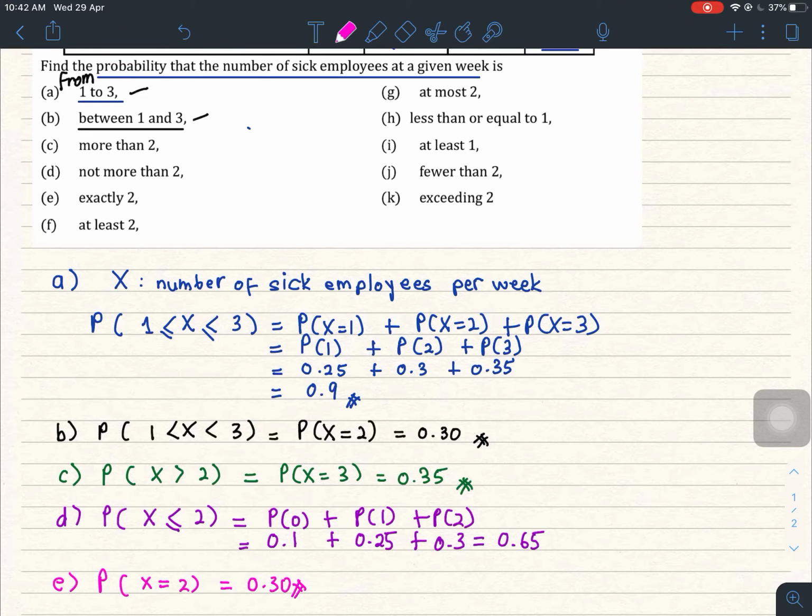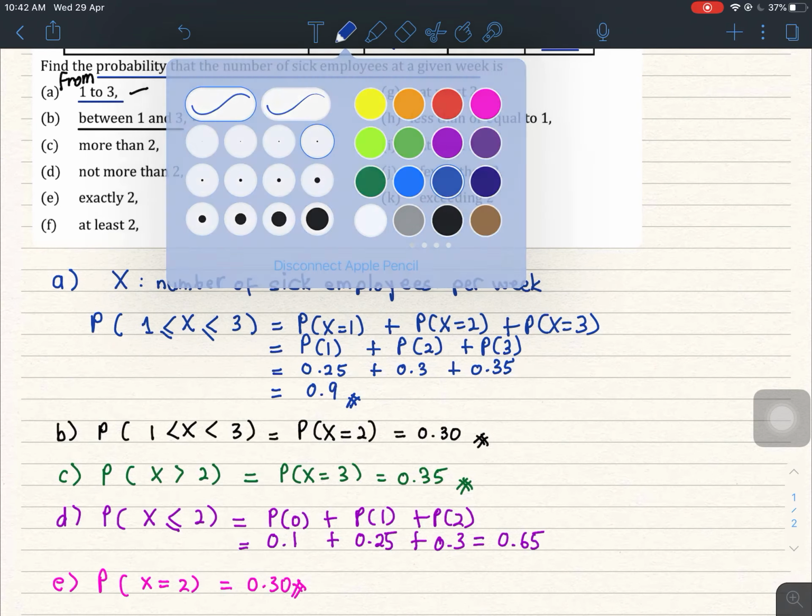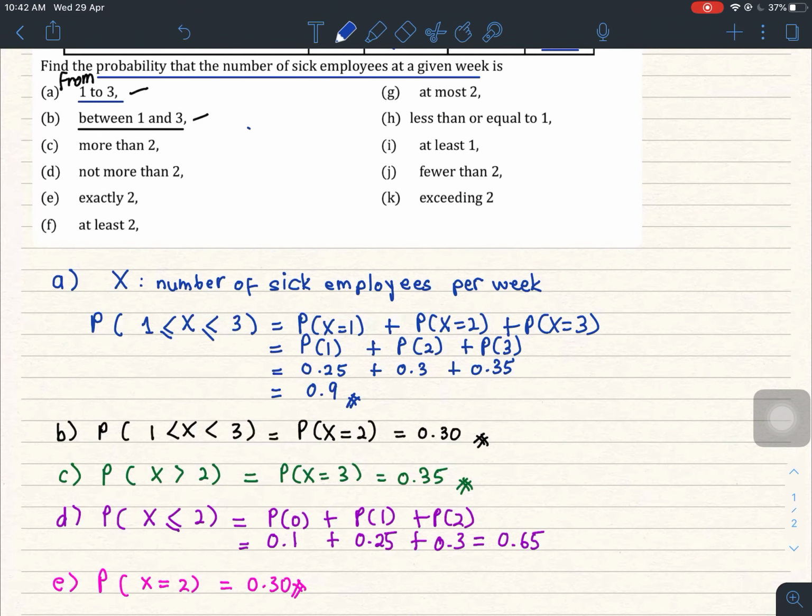For the rest of it, I want you to try to answer by yourself, but I will discuss with you the notation or symbol for each question. At least is a probability of X greater than or equal to. So at least 2 is X greater than or equal to 2.